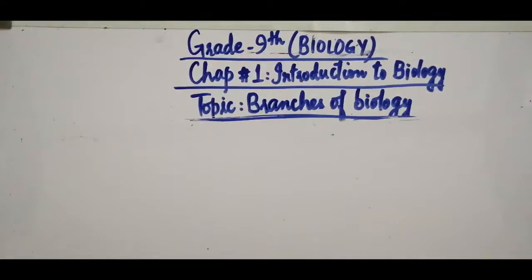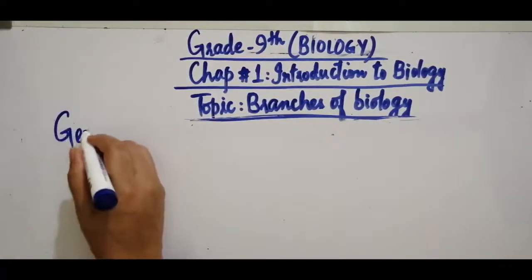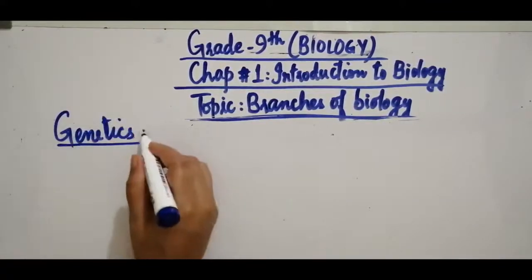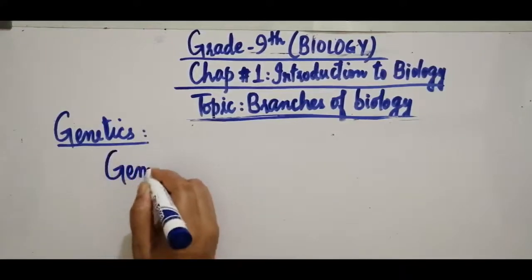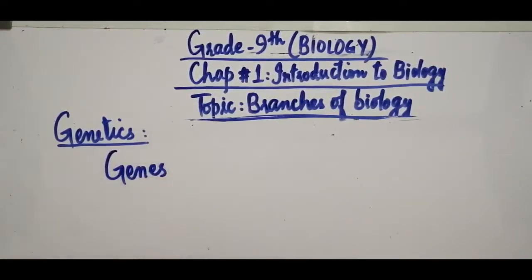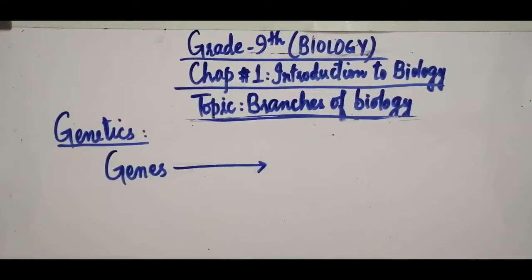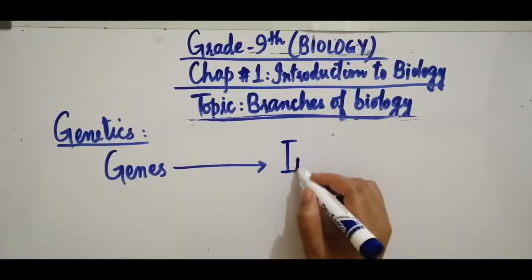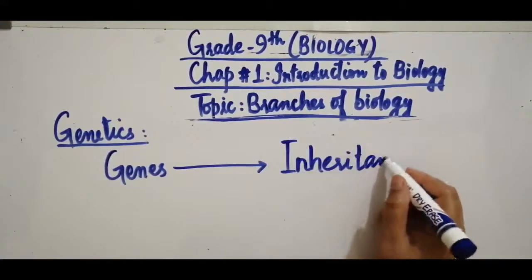Our next branch of biology is genetics. Now, what is genetics? It is the study of genes, first of all. Study of genes. And what is the role of genes in your body? They actually play a very important role in the process which is called inheritance.